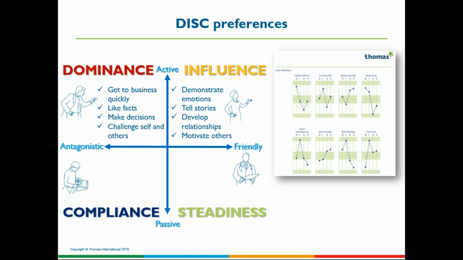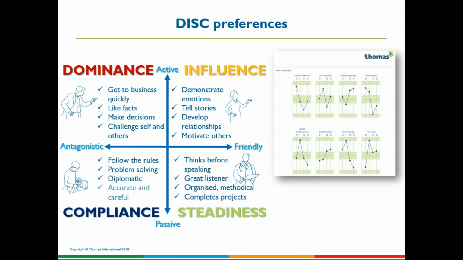Influence likes to demonstrate emotions, tell stories, develop relationships, and motivate others. Steadiness likes to think before speaking. They're great listeners, they're organized and methodical, and they like to complete projects. And compliance likes to follow the rules, problem solving, they're diplomatic, they like to be accurate and careful.